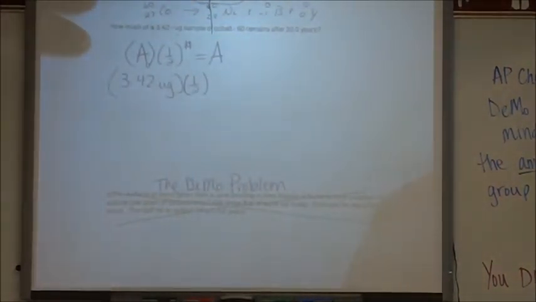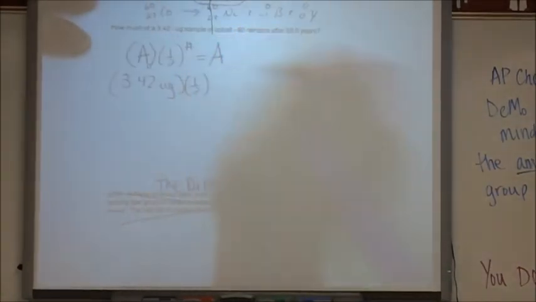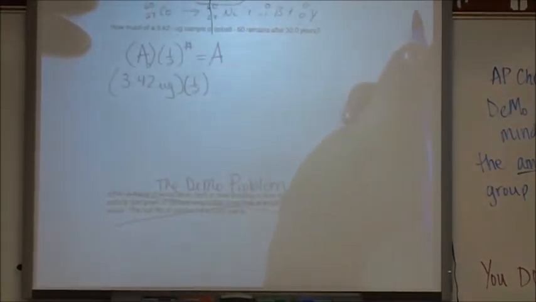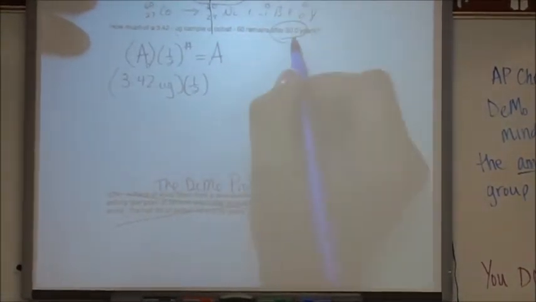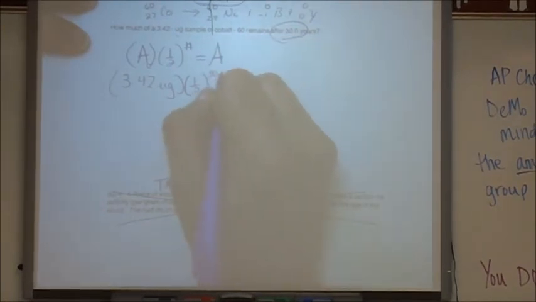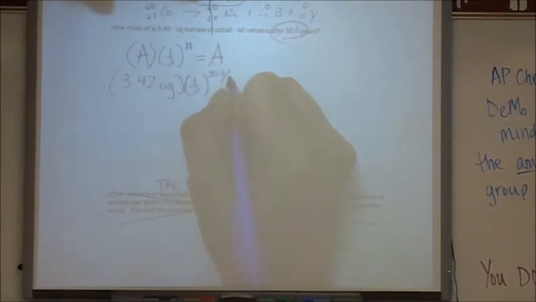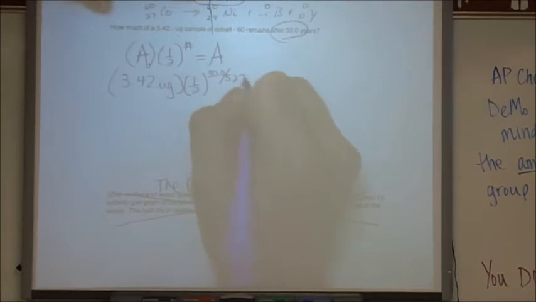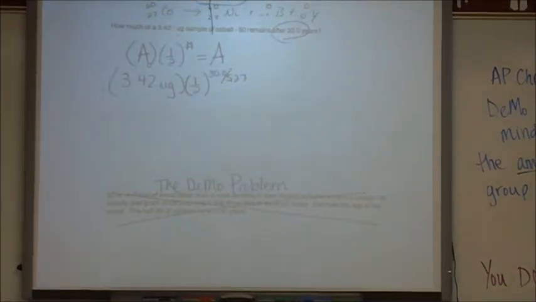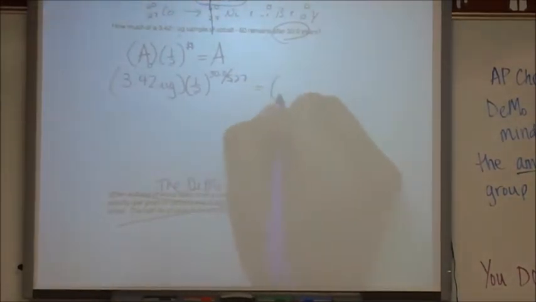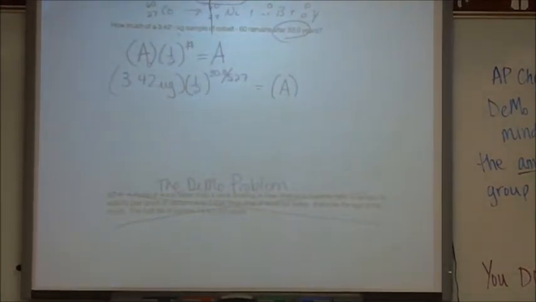1/2 to the number of half-lives. Is that what we're looking for? No, we need that. We know that we're going for 30.0 years, but the half-life is 5.27, and that'll tell us the number of half-lives. And that's going to be equal to the amount after that time. Are y'all okay with the shortcut?